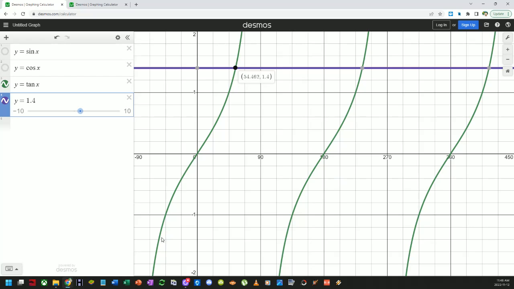So it turns out that if you look at the shape of the tan graph, it just repeats itself every 180 degrees. So here it's at 0 and it goes up. 180 degrees later, it starts at 0 and goes up. 360, it starts at 0 and goes up. So once we have the first one, the next one should just be 180 plus that. So 180 plus 54 is 234.